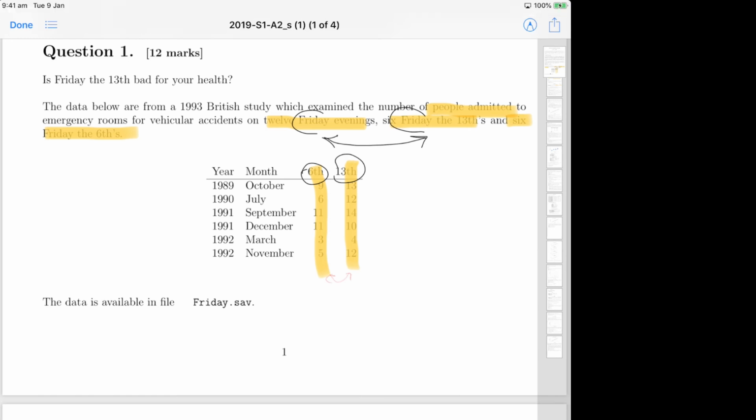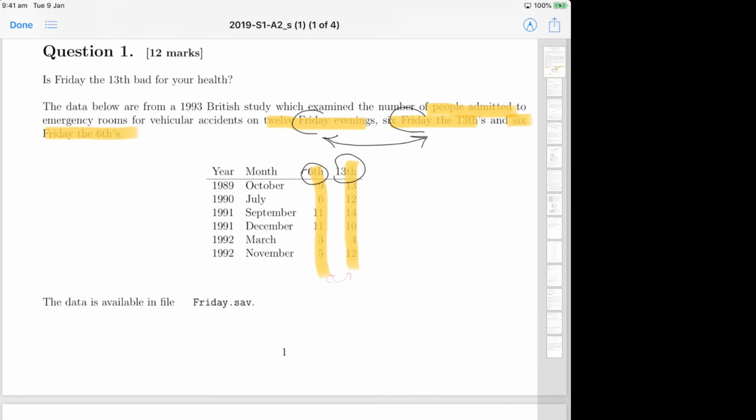Or in the best case, you can explain that we haven't been given any explicit information, but because the two dates are some distance apart, we can assume that they are independent.